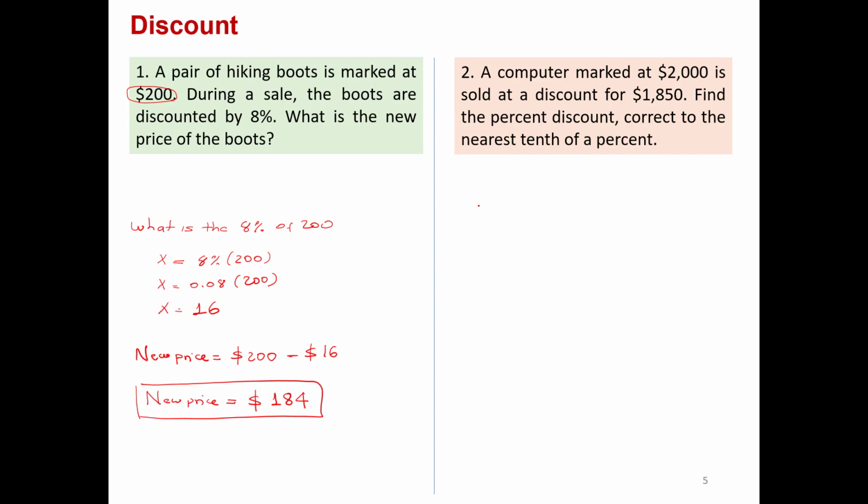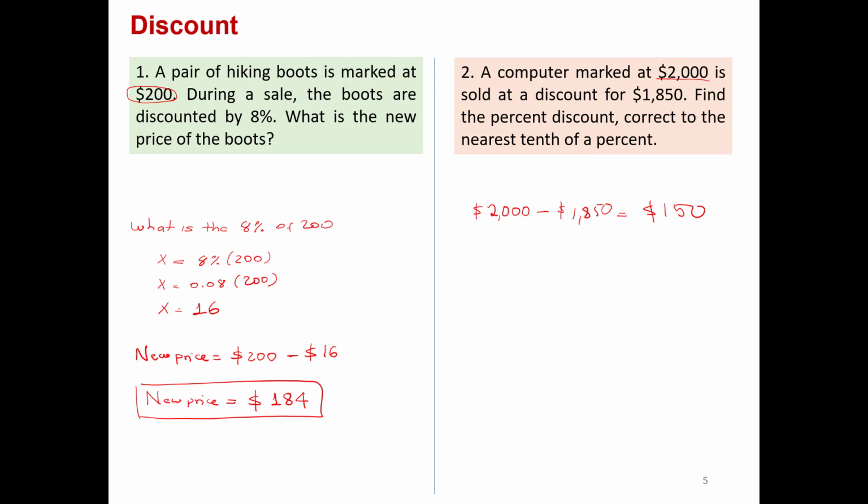Then the discount in this case is 150. Now we need to calculate what 150 is, what percent of 2,000, which is the original price.